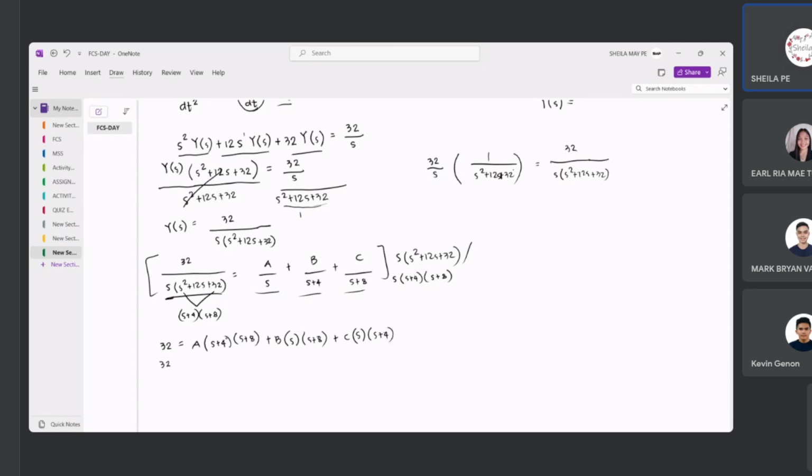Okay, so 32 equals A times, by the FOIL method, s squared, this is 4s, this is 8s, so that's 12s, plus 32, plus B times s squared plus 8s, plus C times s squared plus 4s.